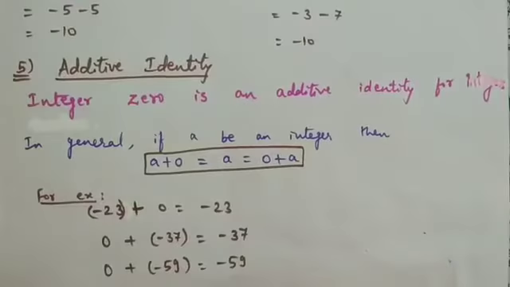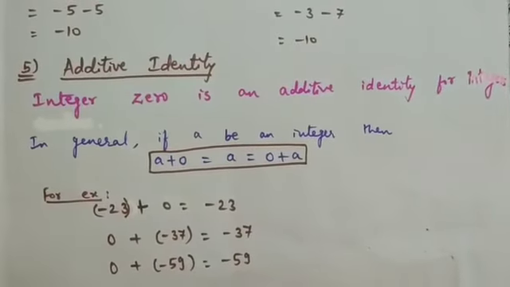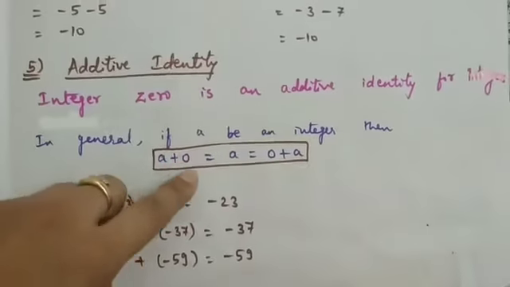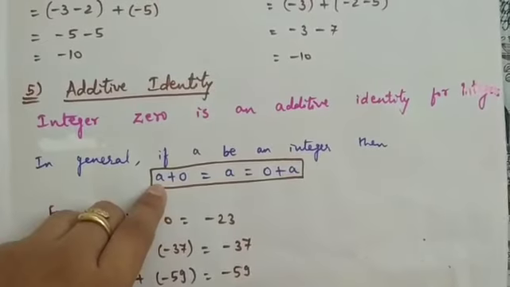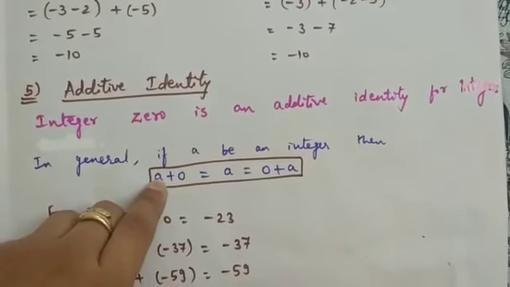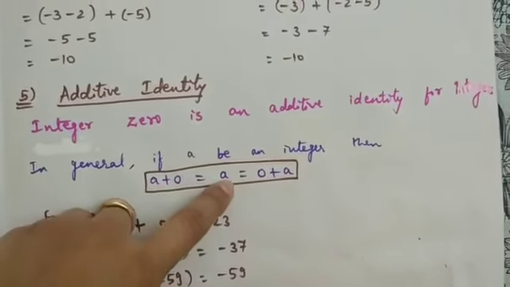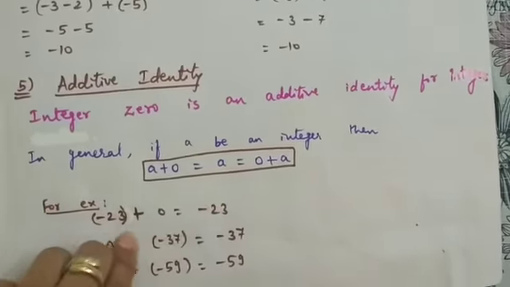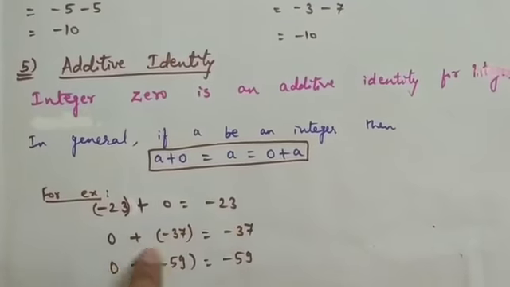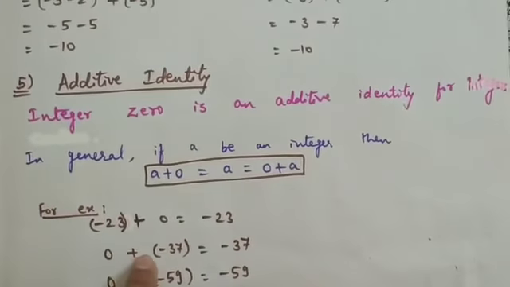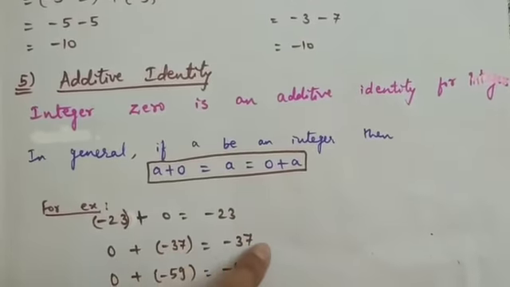Okay, so now we talk about the fifth property, that is additive identity. In this, you have to consider the integer 0. If you add 0 with any other integer, the resultant answer is that integer itself. For example, if you add minus 23 with 0, you get minus 23. If 0 is added to minus 37, you get minus 37.